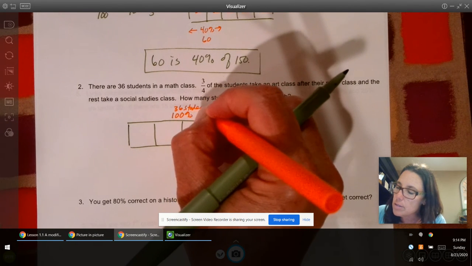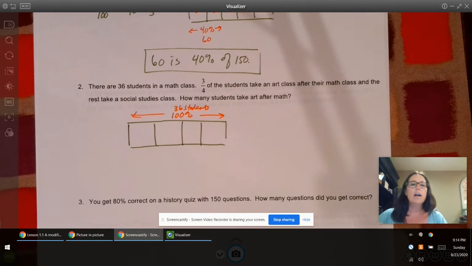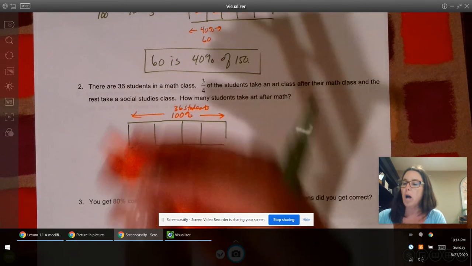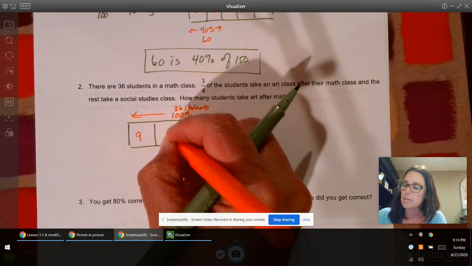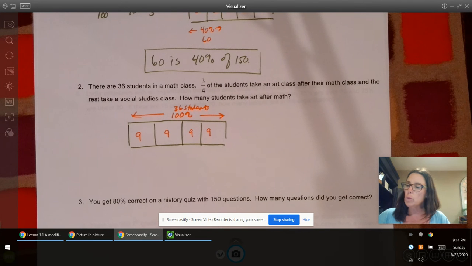That's the whole class. Well, if there are 4 boxes and 36 students, the magic number would be how many students per box? 9 students per box.